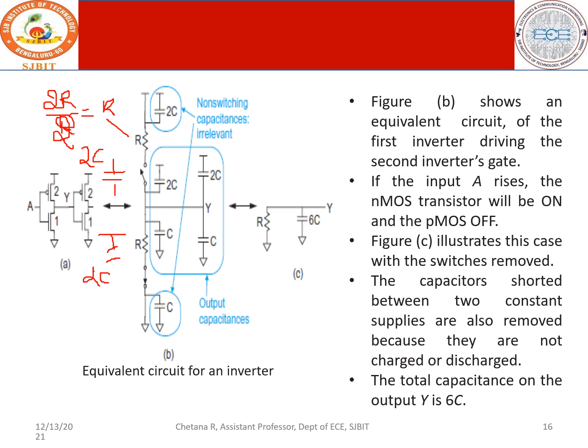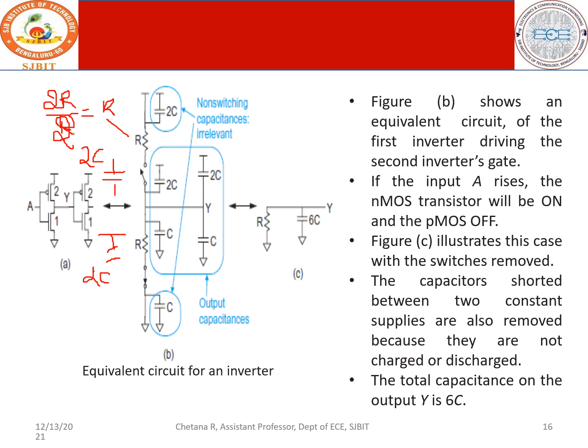So the diffusion capacitance is equivalently written as 6C, and what is the R value? The R value is R. Only one device is on at a time. Since this is an open circuit, it will have low or zero contribution. Therefore, only R is considered. Therefore, this becomes the equivalent circuit for an inverter. So 6C is got by 2C plus 2C plus 4 and 5C.